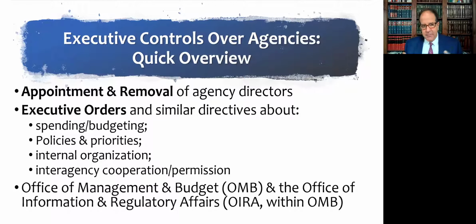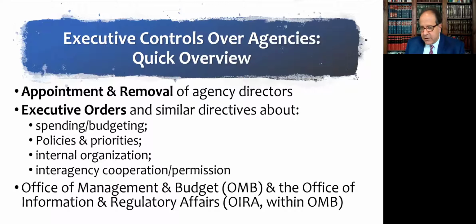So for example, imagine an executive order that tells the ATF, the Alcohol, Tobacco, and Firearms Enforcement Agency, to cooperate more with Homeland Security or the Immigration Service or something like that.